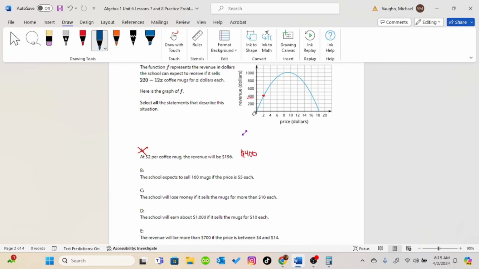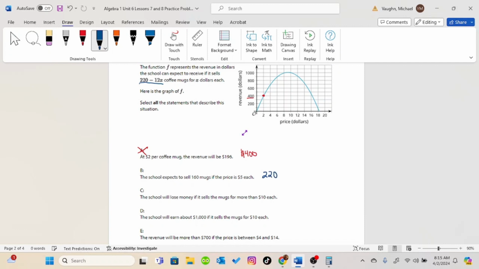Choice B. The school expects to sell 160 mugs if the price is $5 each. Well, this expression, 220 minus 12x, tells us how many mugs they expect to sell.